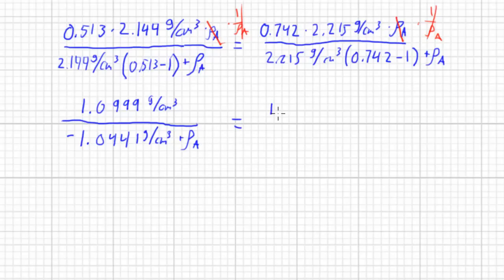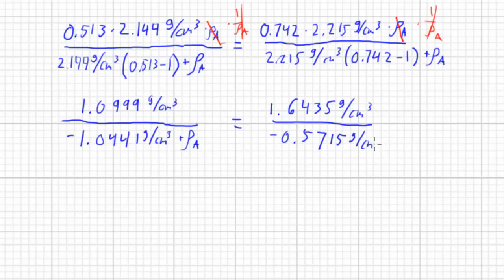Set that equal to 1.6435 grams per cubic centimeter all over negative 0.5715 grams per cubic centimeter plus the density of the amorphous material.